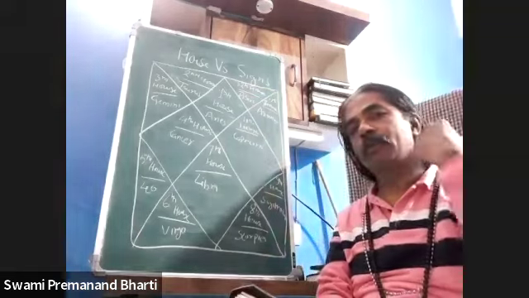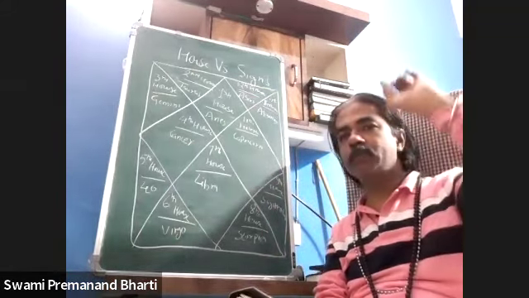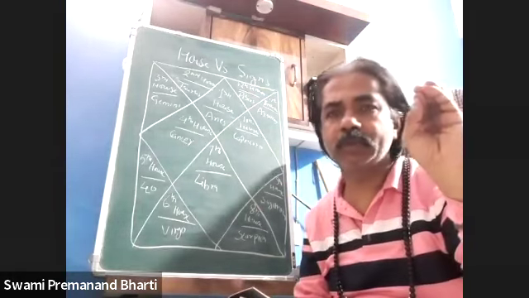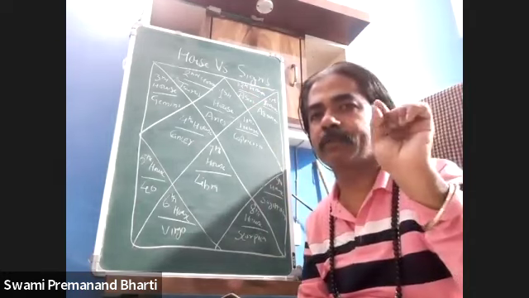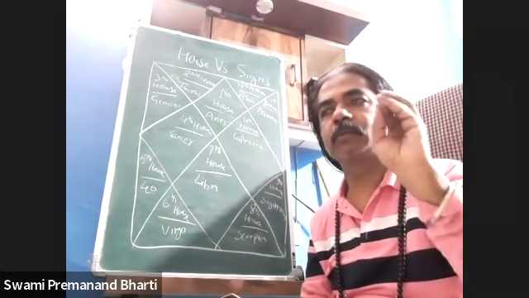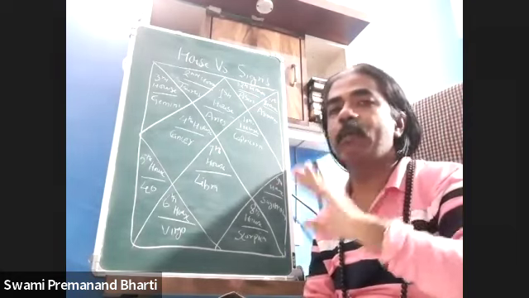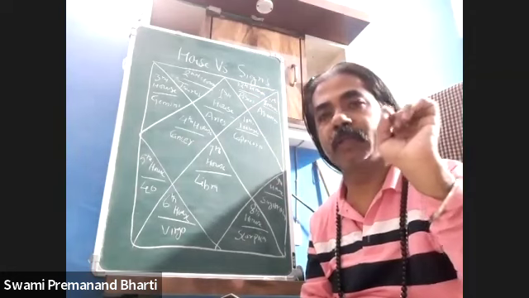Okay. So what I'm trying to say, first house represents the majority of those things which Aries sign represents. Aries and first house representations are very similar. There is only one difference. Likewise, second house and Taurus representations are very similar.